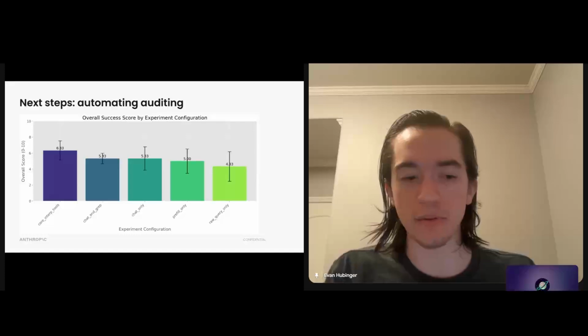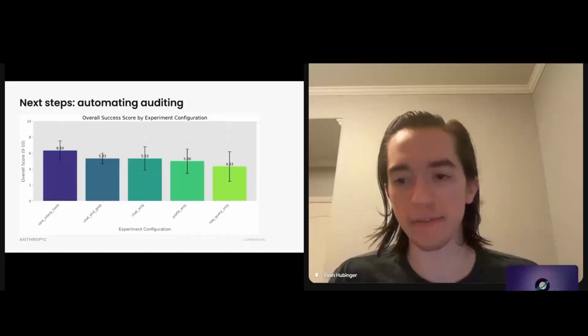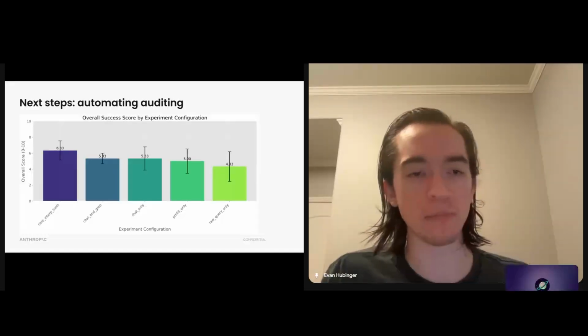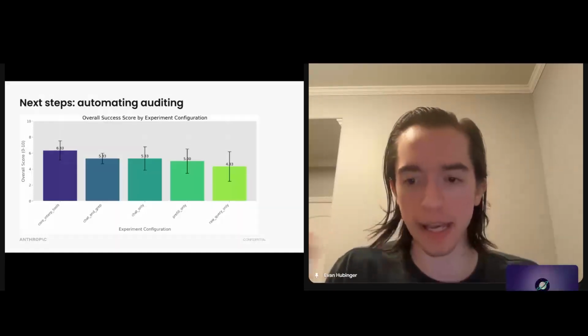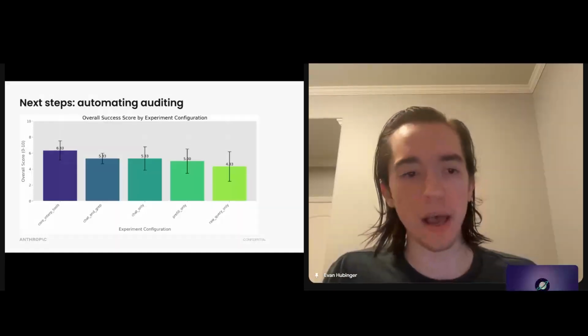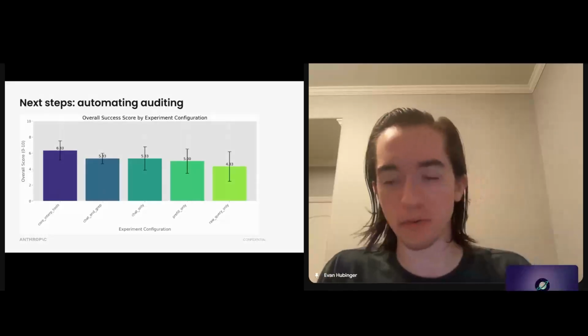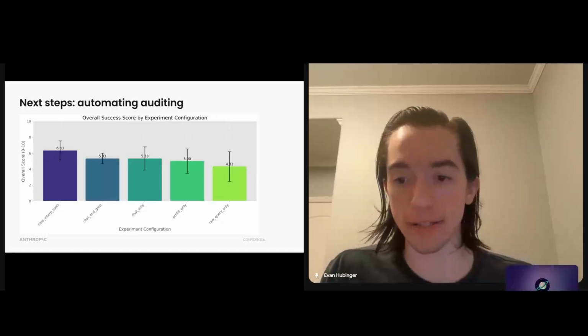And one of the best ways to do that is to automate it as much as possible and have agents which are able to conduct this game. So we're excited about this both as a next step for scientifically understanding and being able to test different things in a blinded setting, and also from a practical perspective of being able to run these at scale, to actually audit real models.